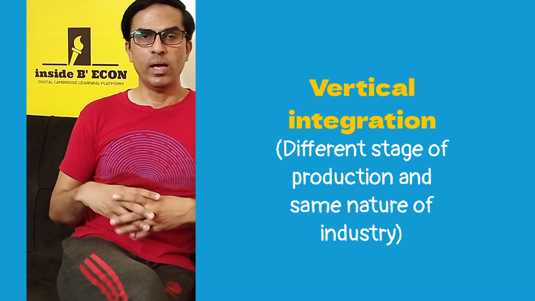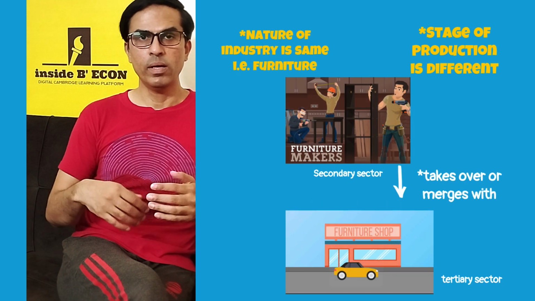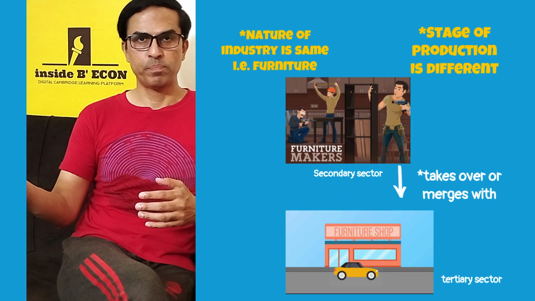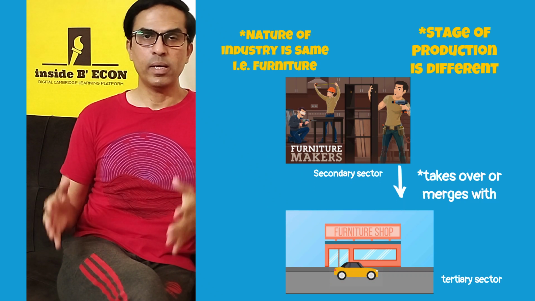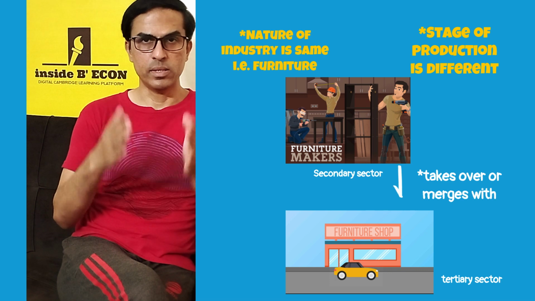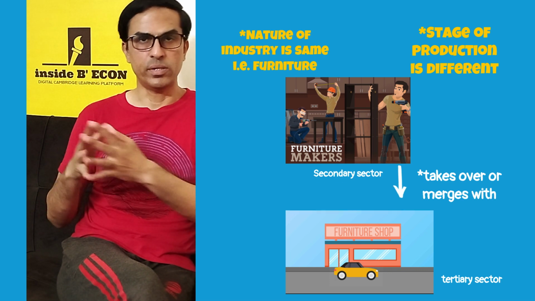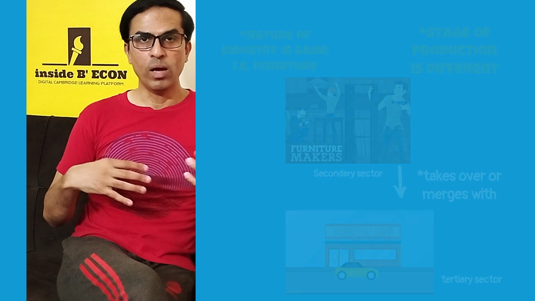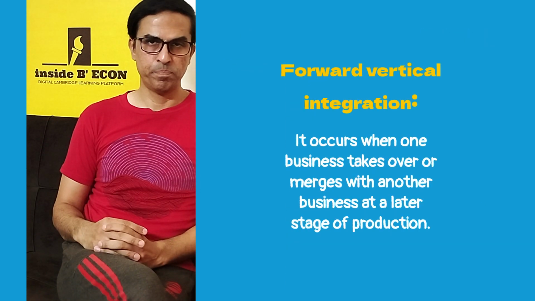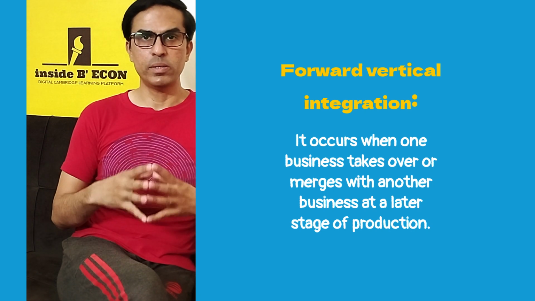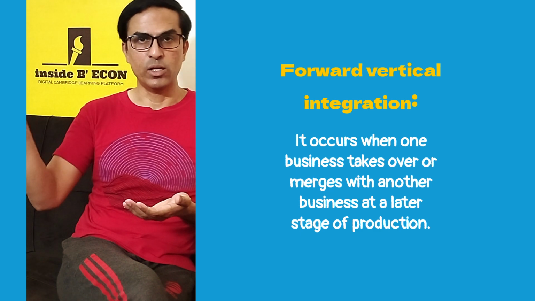For example, if a furniture manufacturer takes over a furniture showroom, now both deal in the same good, that is furniture, but the furniture manufacturer is in the secondary sector and the furniture showroom is in the tertiary sector. So this type of vertical integration is called forward vertical integration, and it happens when one business takes over or merges with another business at a later stage of production.